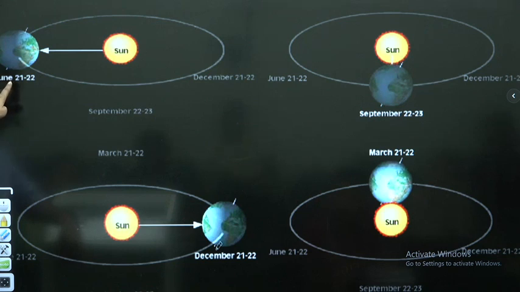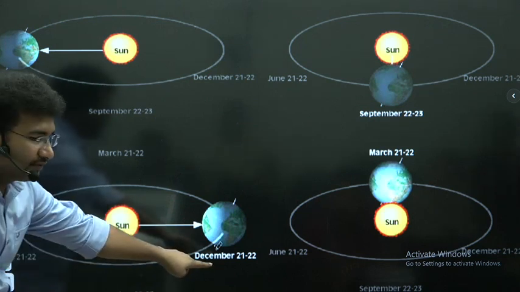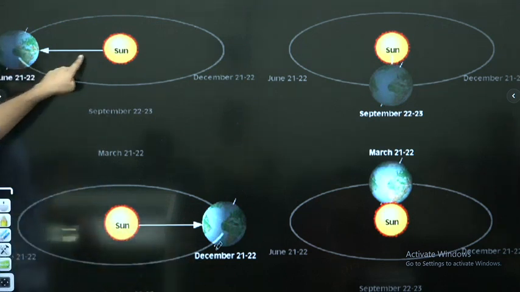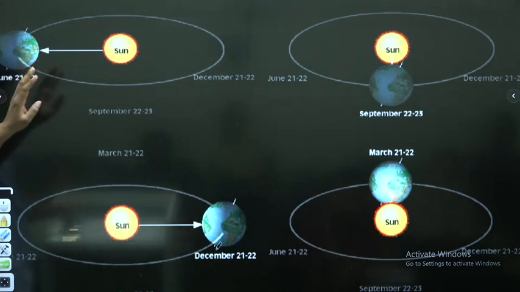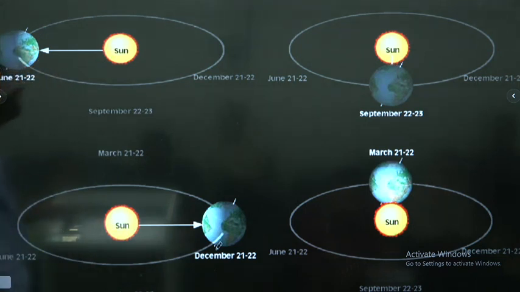June 21st and 22nd, December 21st and 22nd. Look, the sun is at the same place, but the earth, what is it doing? It is changing its positions.